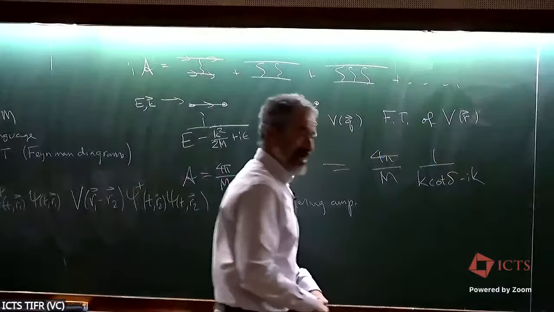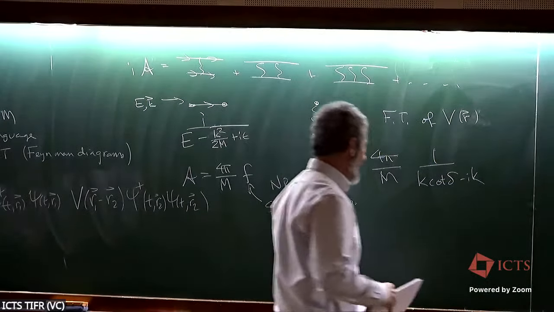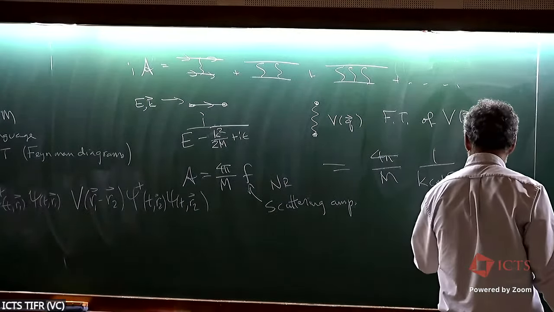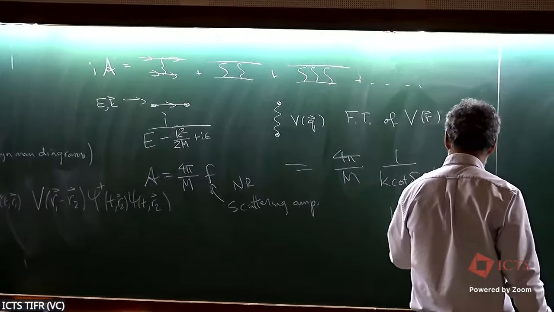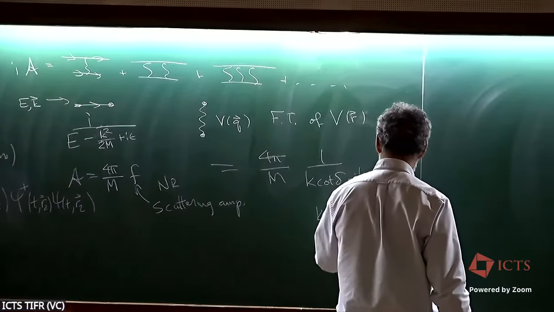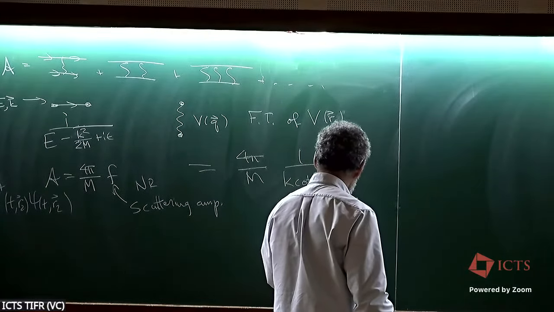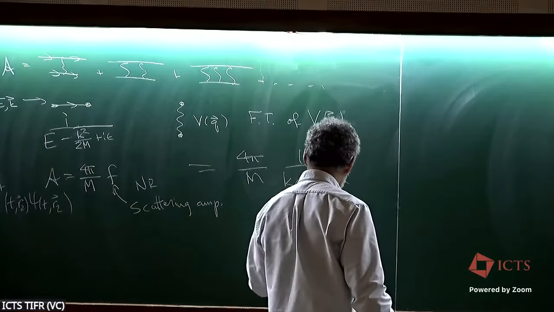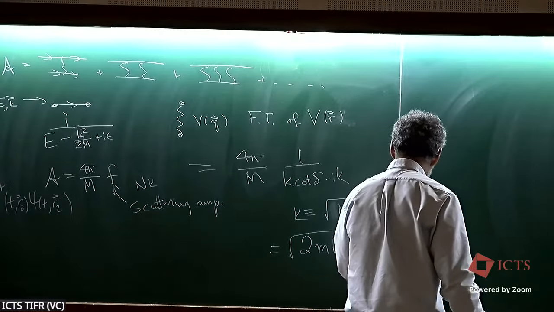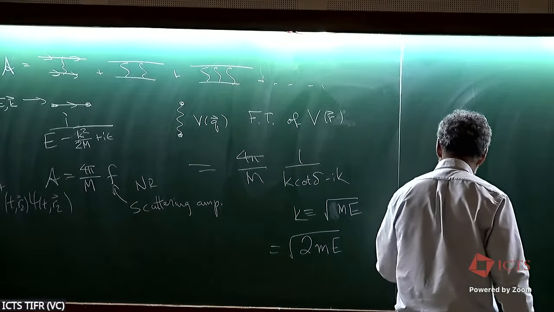Okay, so that's a very good question. In this expression, k is defined to be the square root of 2 m E, sorry, m E, which is twice little m, where little m is the reduced mass.